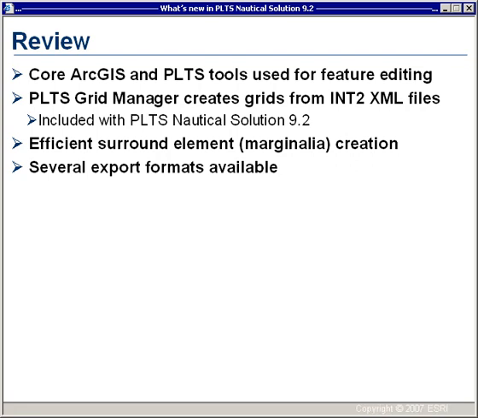The PLTS Grid Manager allows us to create grids from the INT2 supplied XML files that are included with the PLTS Nautical solution. We're also able to efficiently create surround elements or marginalia, such as tide tables. And we can export our hard copy charts once they're created to several different export formats that are available.